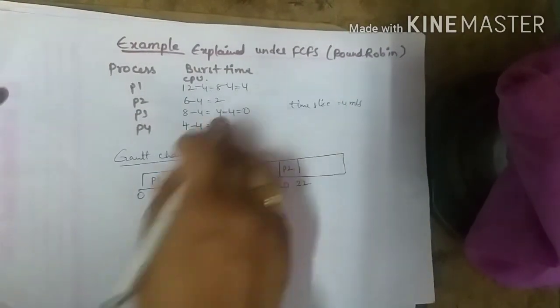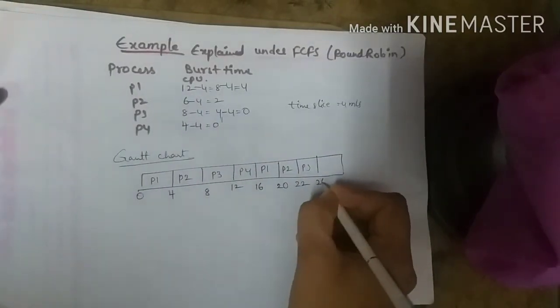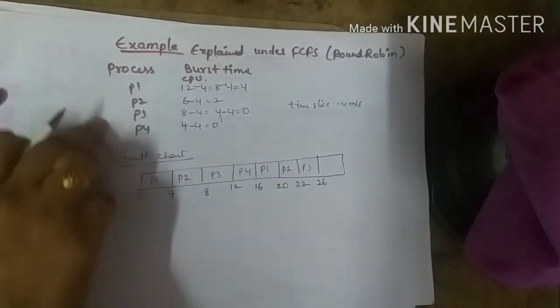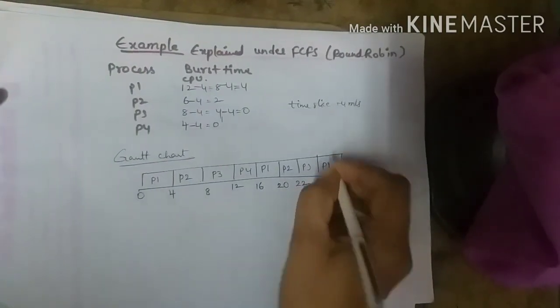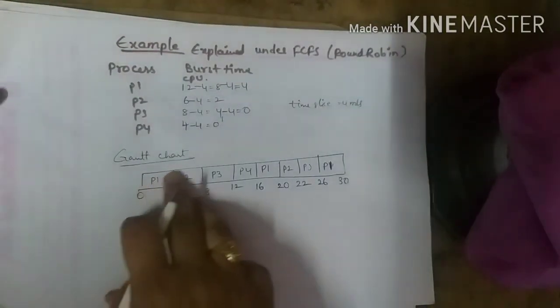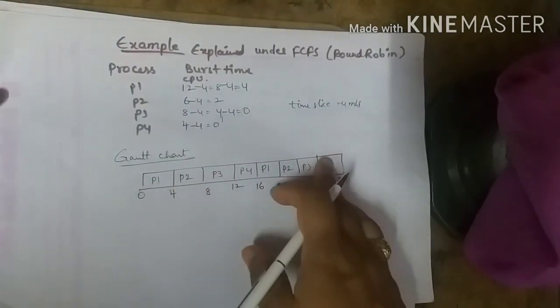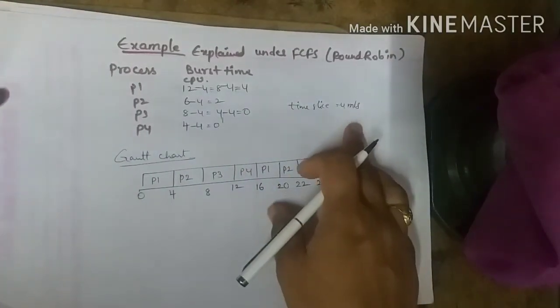P3 requires only 4 milliseconds, so P3 is also completed, done its task. Next P4 is already completed, again the turn goes to P1. P1 requires again 4 milliseconds, that is 30. This is the Gantt chart we prepared for the round robin algorithm. The time slice is 4 milliseconds.